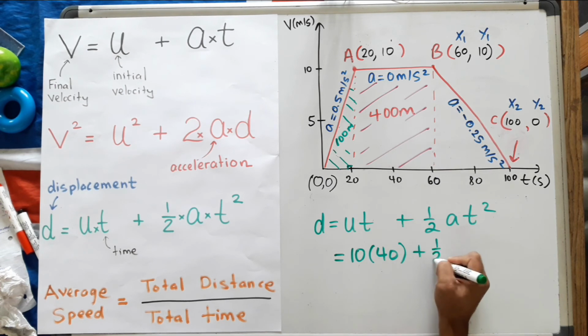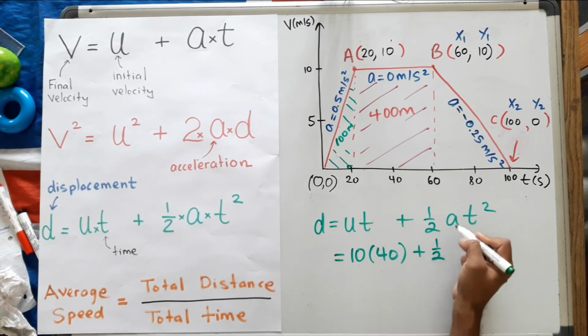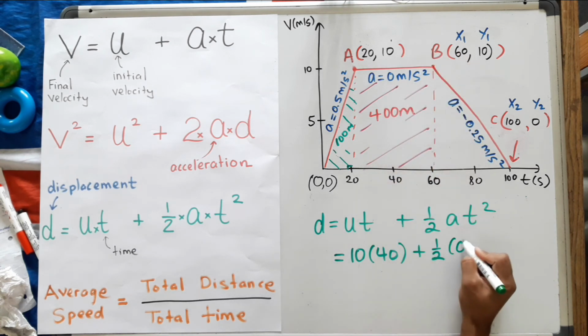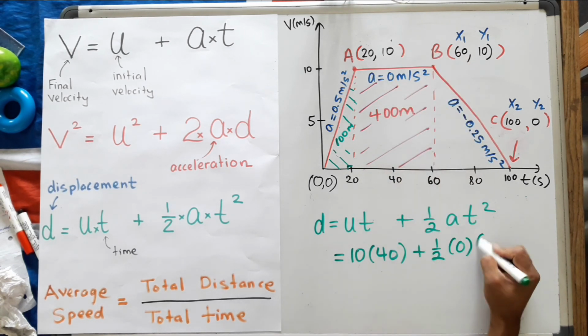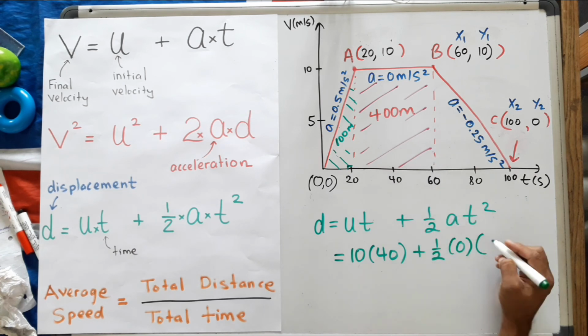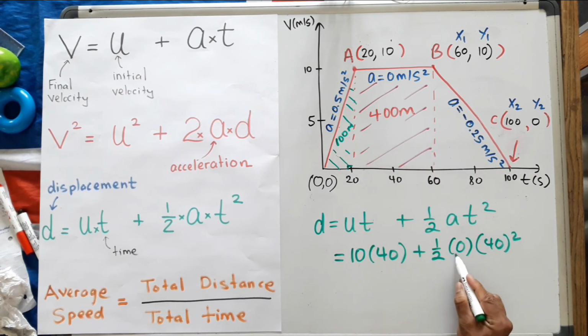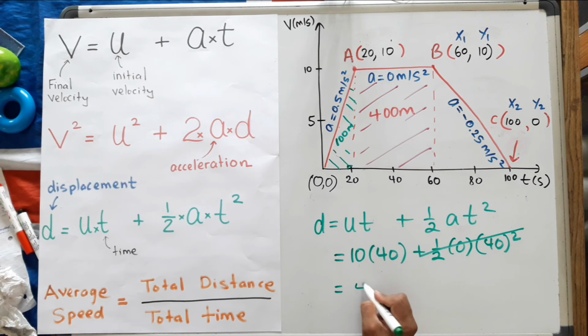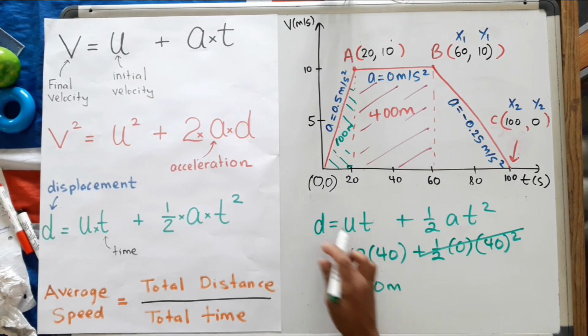Plus a half, the acceleration, like I told you all, between A and B, where we actually calculated it, was 0. It's written right here. And the time is 40 seconds. Anything multiplied by 0 is going to be 0. So this part is going to be 0. And 10 by 40 is 400. So my displacement was 400 meters. Great.